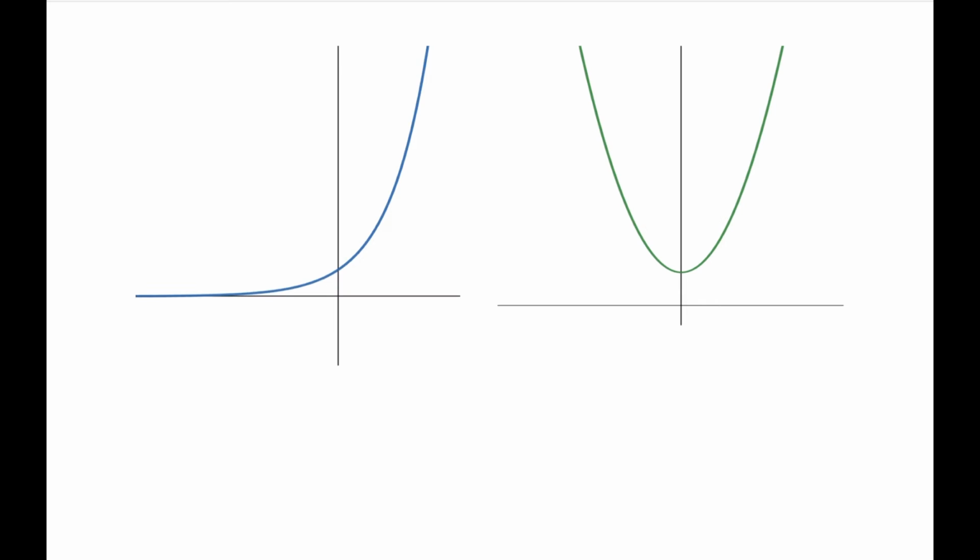We said way back when we first started talking about functions that we can do a vertical line test to see if something is indeed a function. To do that, we just take this vertical line and drag it across our function. As long as we don't hit 2 spots at the exact same time, then we know that this is indeed a function. So this blue graph here is a function, and this green graph here is a function.